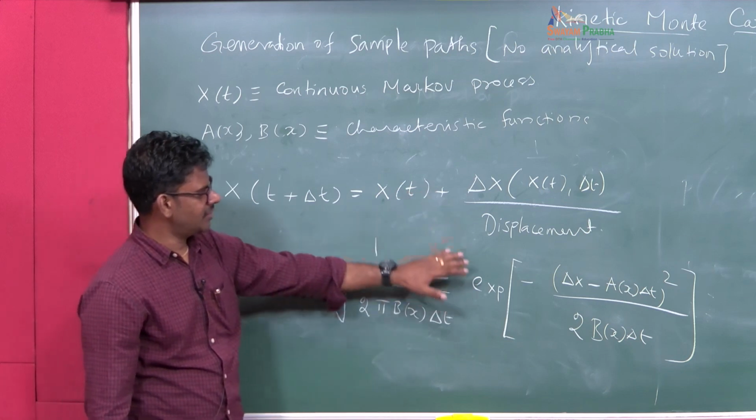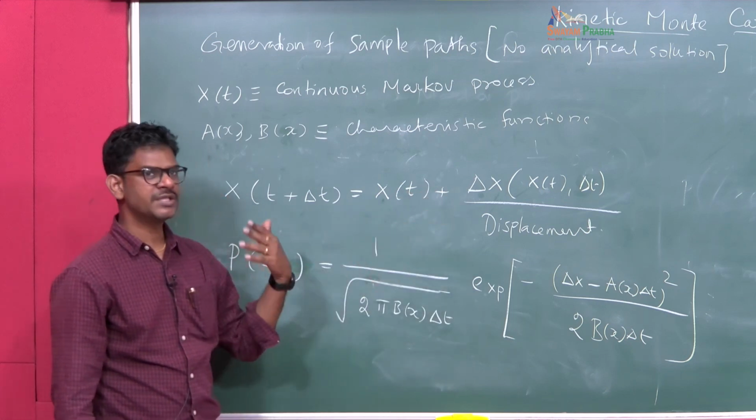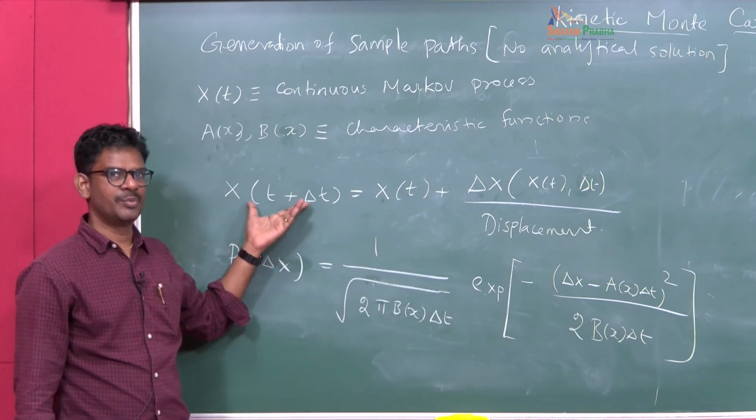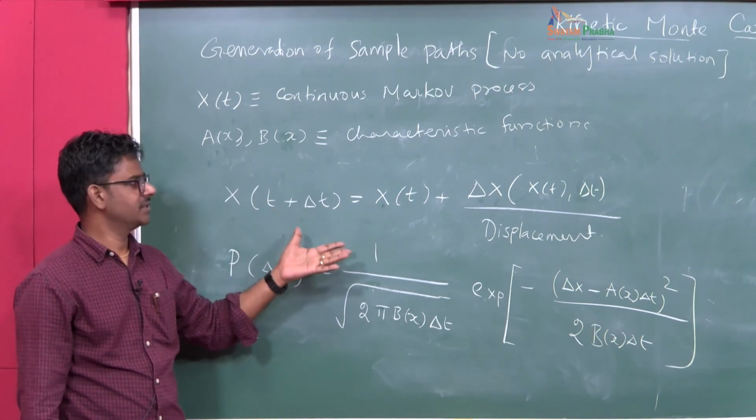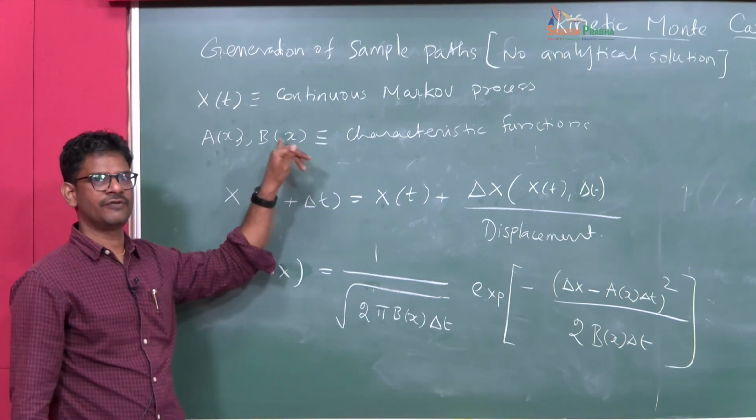So this methodology gives you a means by which you can generate a sample path for any Markov process, given that you know the functional form for a and b.